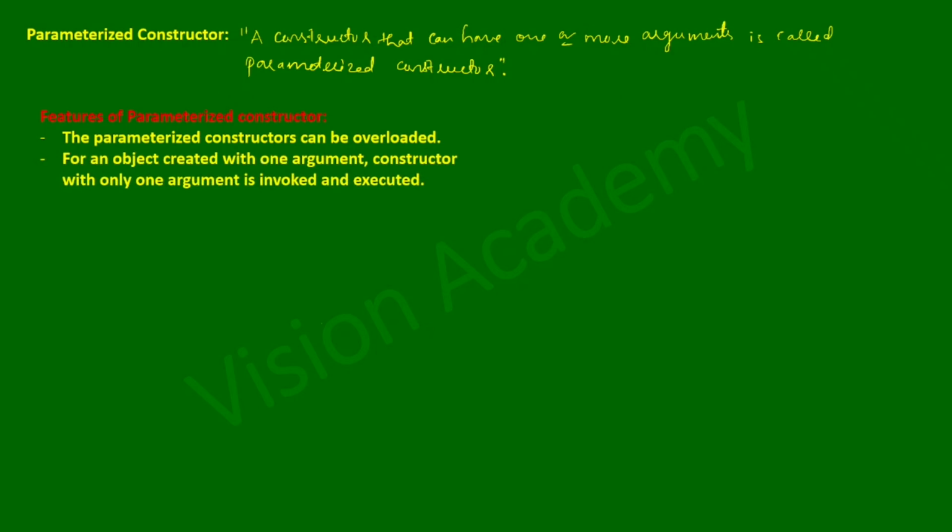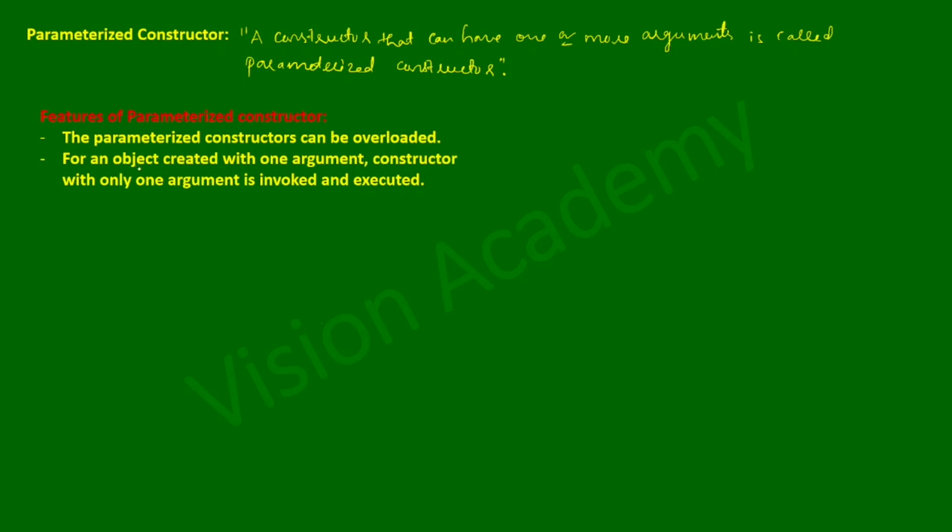Let us have the features of parameterized constructor. First feature is the parameterized constructors can be overloaded, as the constructor consisting of different return types and different number of arguments. Hence, parameterized constructors can be overloaded.